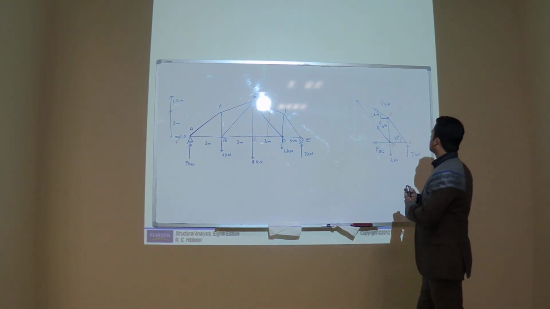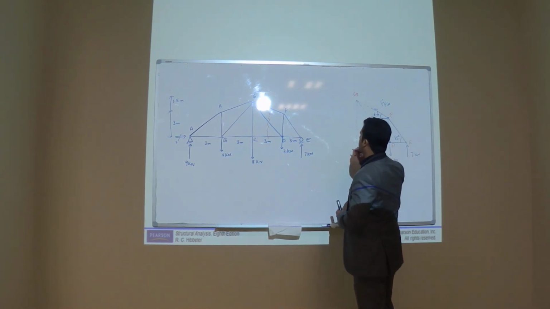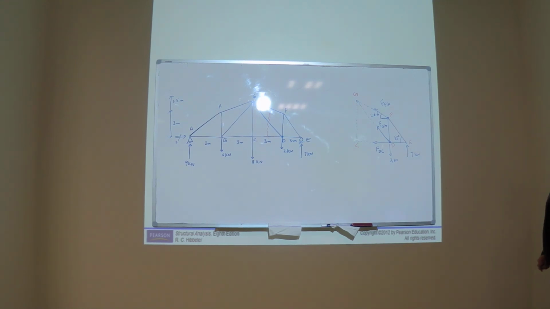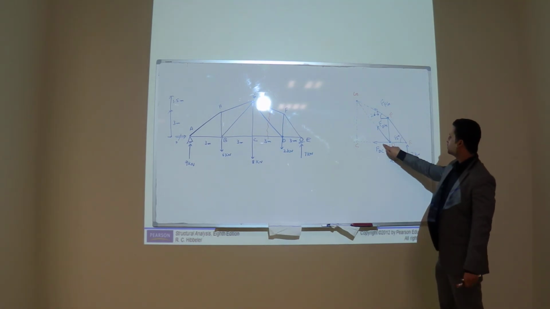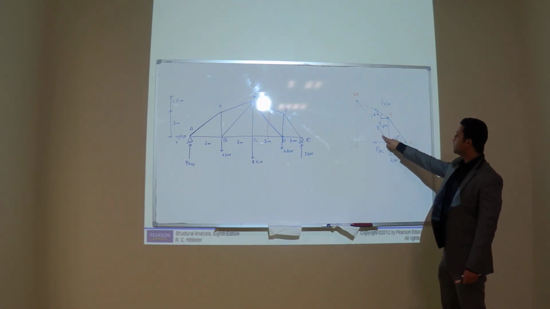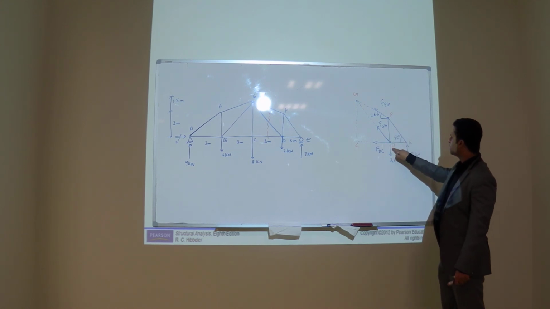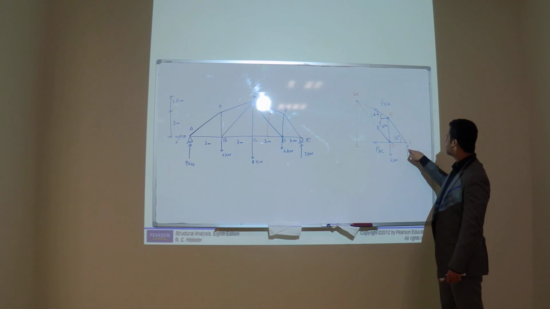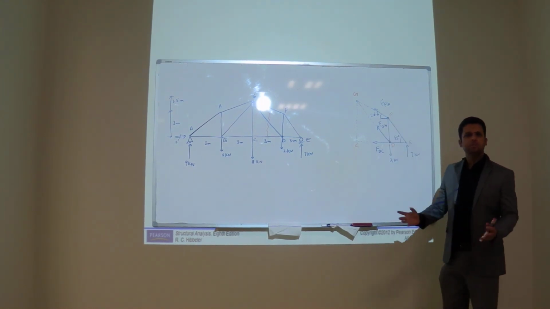This joint is joint E, and this joint is joint D. If you see, we can take the moment at joint D, and if you take the moment at joint D, you can get FFG, because at joint D the moments due to these five forces will become 0. Only the moments due to this force and this force remain. So that's the best way.